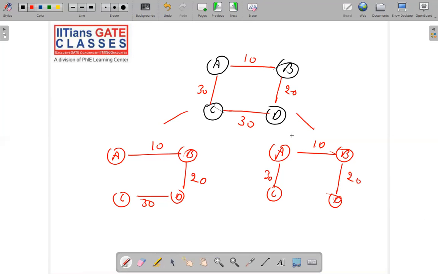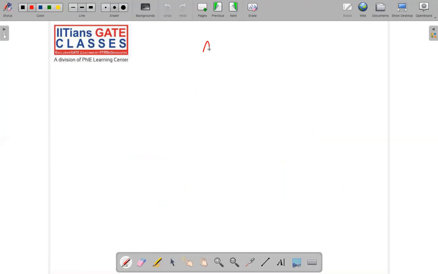That's why we have two minimum spanning trees. But right now I will cover one more scenario where edge weights are repeating, and still we have only one minimum spanning tree possible. So if you have 10 here, and C, D, and let me write E here.